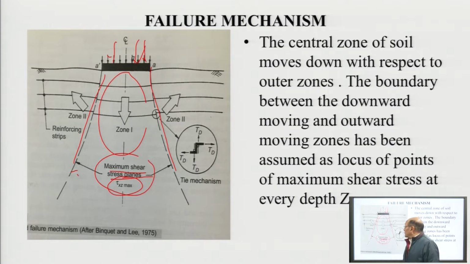So, here the load will try to move down with respect to the outer zone. The boundary between the downward moving and outward moving zone has been assumed as the locus of the points of maximum shear stress at every depth z.